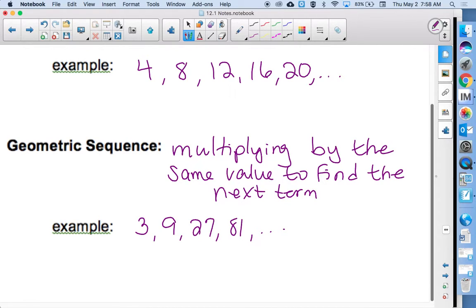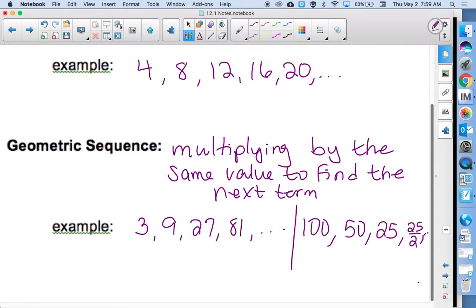Or if I was using 1/2, maybe I would start with 100, cut it in half and get 50, cut it in half, get 25, cut it in half, get 25 halves, and I could continue the pattern on as well. So I'm multiplying by 3, or I'm multiplying by 1/2. So when you're multiplying by a fraction, your numbers are going to get smaller. So yes, your mind might be saying divide, but switch that and think of what are you multiplying by.